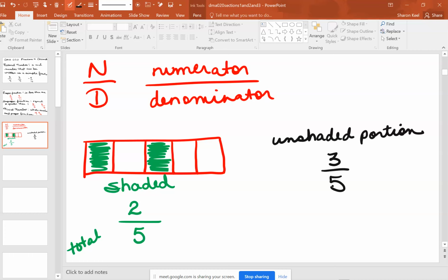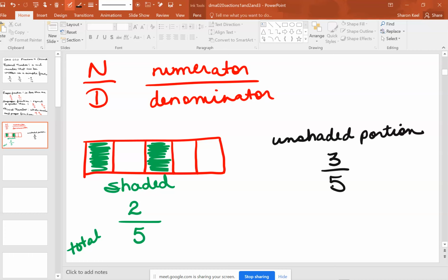The denominator would be how many even pieces that whole would be divided into. So as you start in your workbook and online, you will have some illustrations where you will be looking at drawings and identifying slices of pizza, how many pieces are shaded, things of that nature.